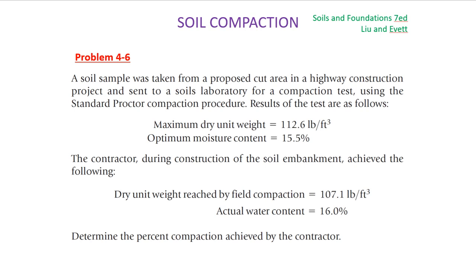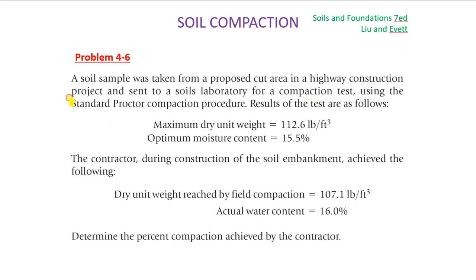So there's another question here. The question says, a soil sample was taken from a proposed cut area in a highway construction project, and it was sent to a soil lab for a compaction test, and we used a standard Proctor test.